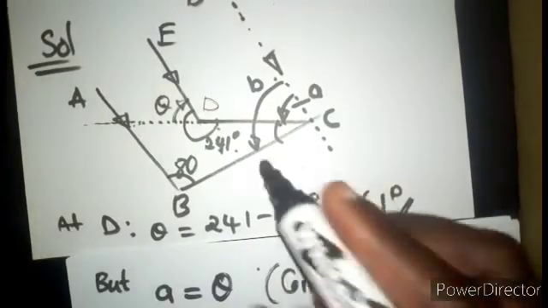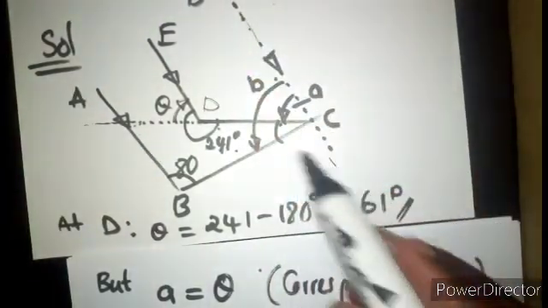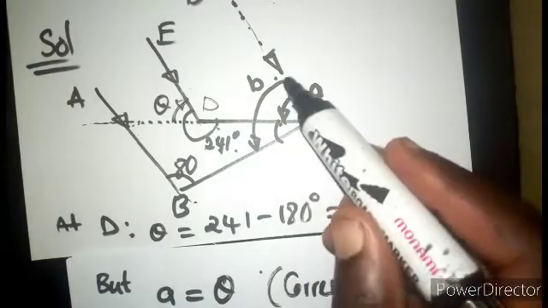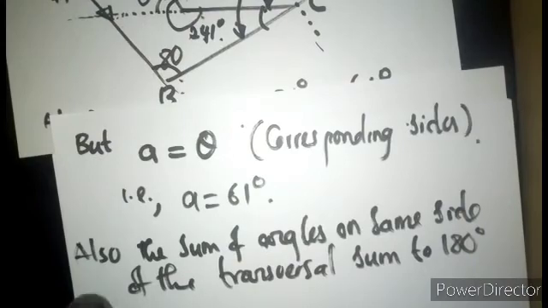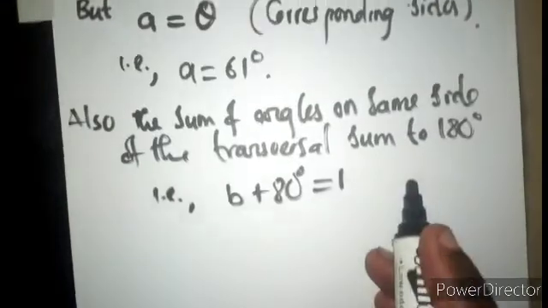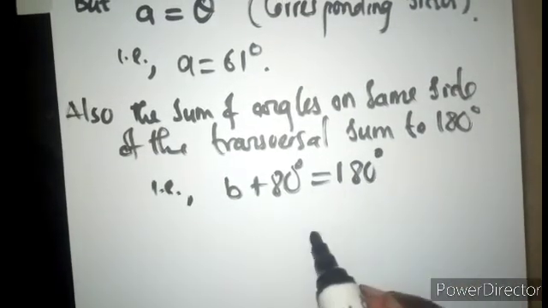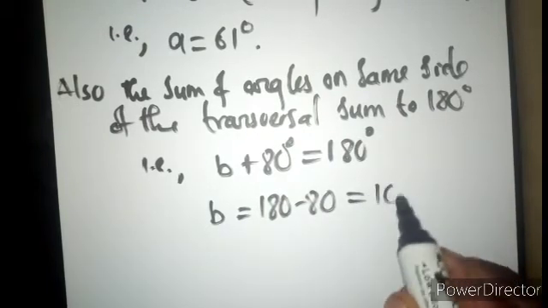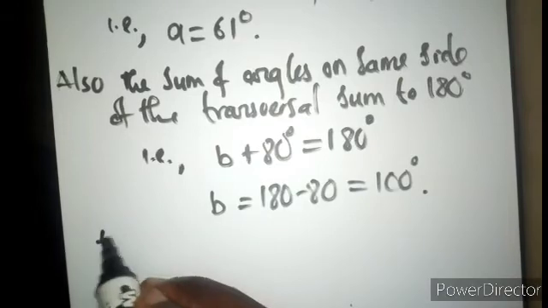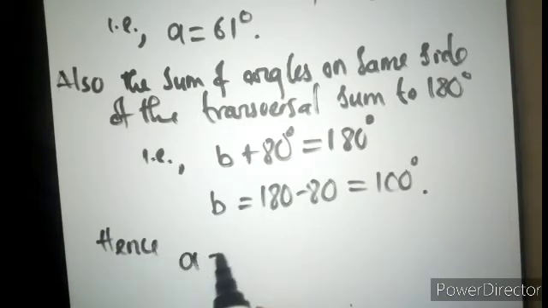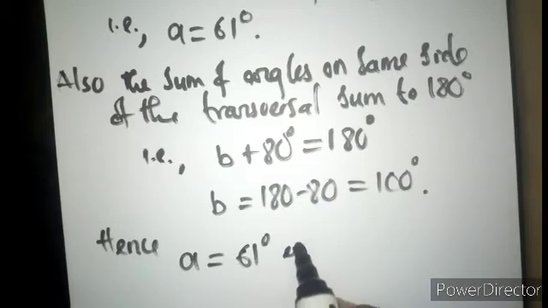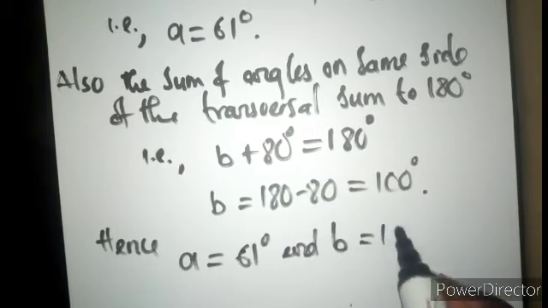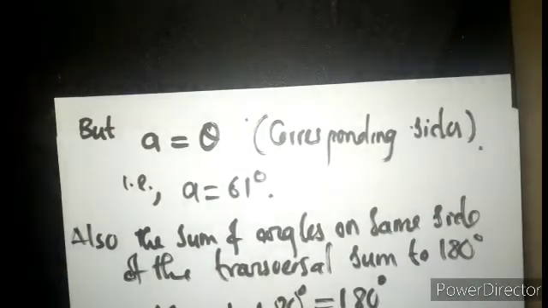What are we saying? If we consider this line and this line are parallel, angle B plus 80 degrees is equal to 180 degrees. So B is 180 minus 80, which is 100 degrees. Hence, A is 61 degrees, and B is 100 degrees.